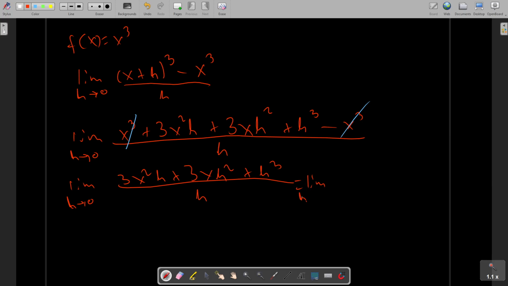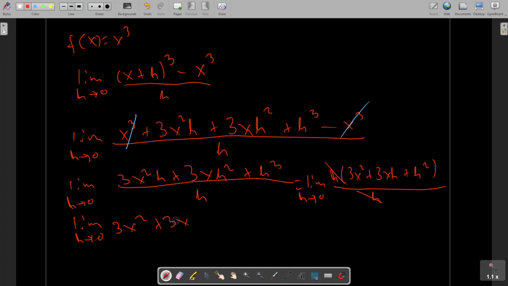So let's do that. The limit as h approaches 0 of h times 3x squared plus 3xh plus h squared over h. Now these h's will cancel out, and then we will be left with the limit as h approaches 0 of 3x squared plus 3xh plus h squared.